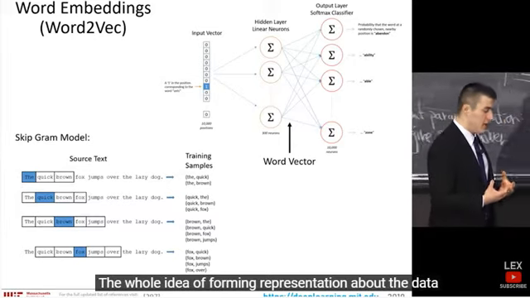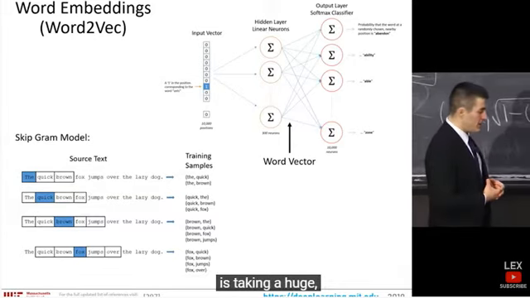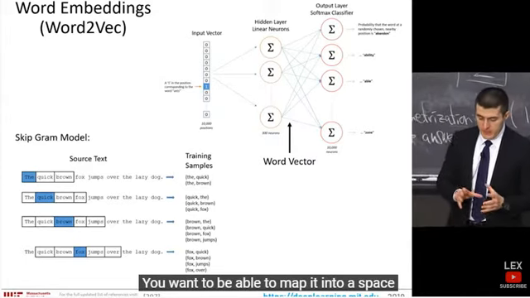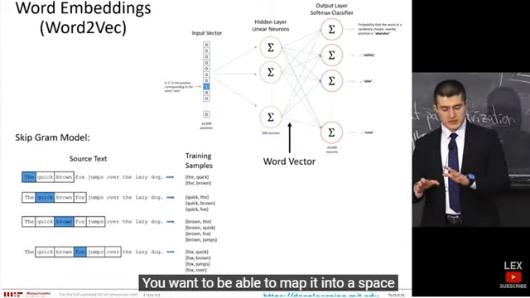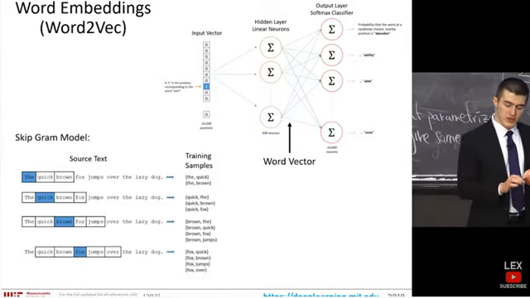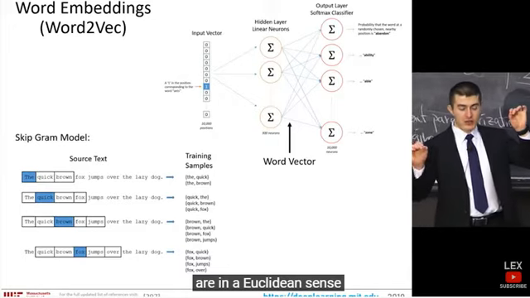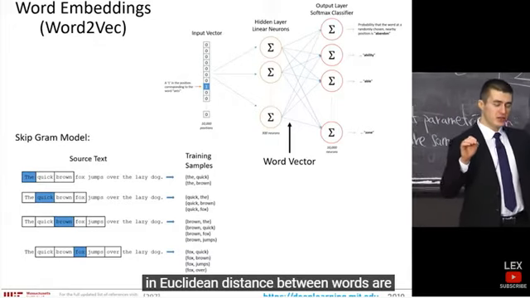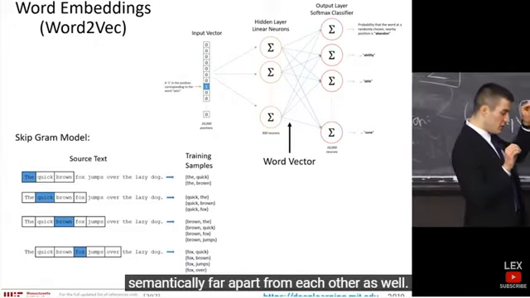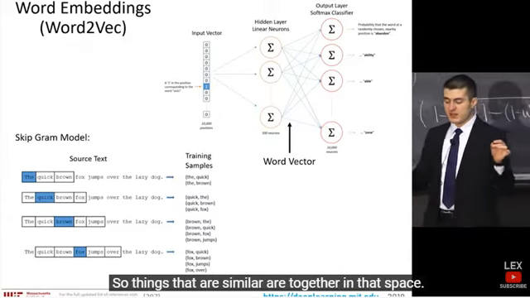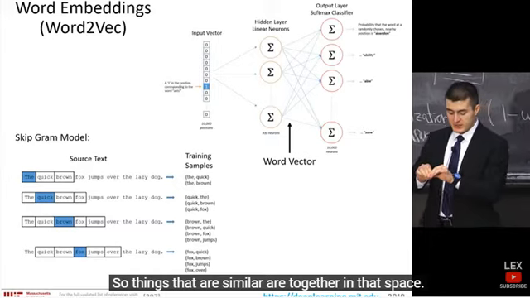The whole idea of forming a representation about the data is taking a huge vocabulary of 1 million words. You want to be able to map it into a space where words that are far apart from each other in a Euclidean sense, in Euclidean distance, are semantically far apart from each other as well. So things that are similar are together in that space.